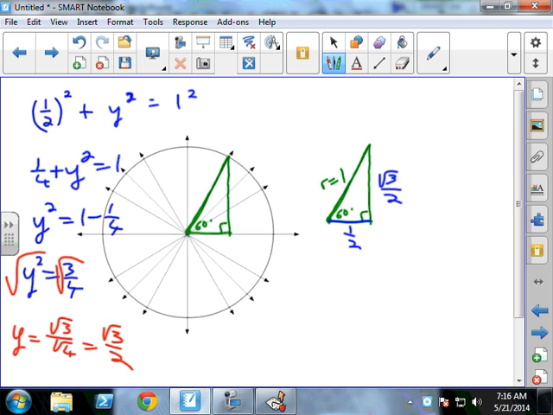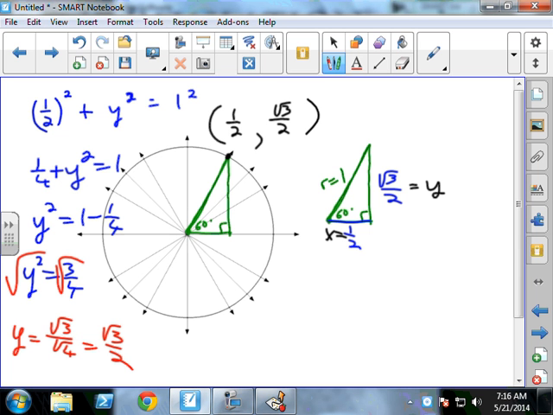So remember the x value is the horizontal distance, and that is the cosine. So the coordinates at this 60-degree reference triangle are 1/2 for the x. And remember, the y is the sine, the vertical height, and that's going to be radical 3/2.